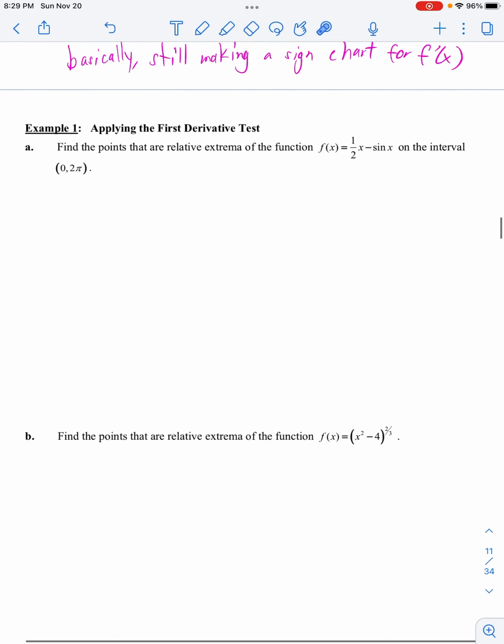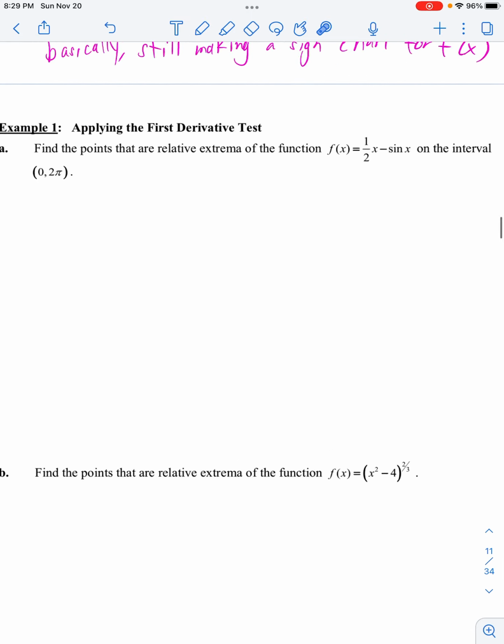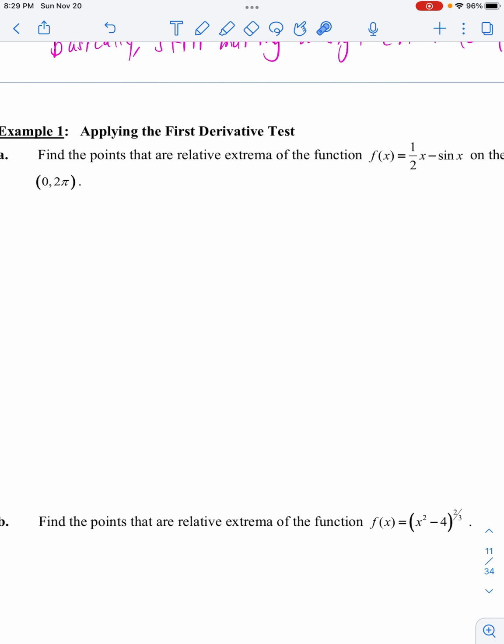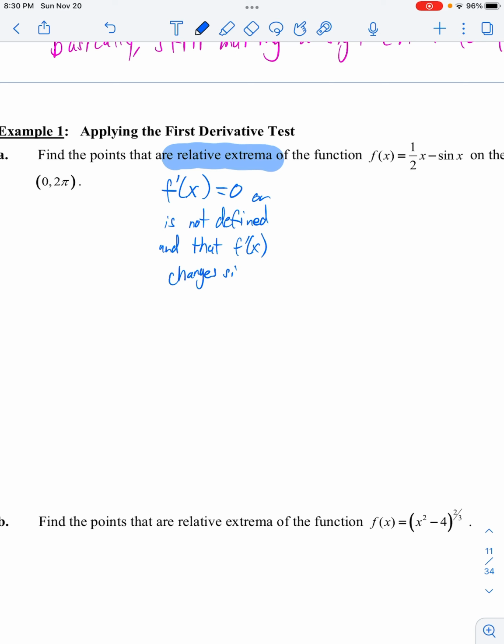Example 1: find the points that are relative extrema of the function on the interval 0 to 2 pi. So what does this mean, relative extrema? What does it mean for a point to be a relative extremum? Let me do this one example, then I'll stop. It means that f prime of x equals 0 or is not defined, and that f prime of x changes sign at that point, okay?